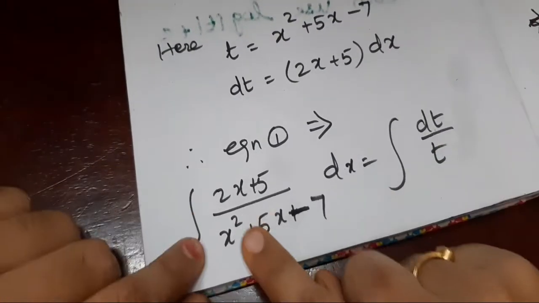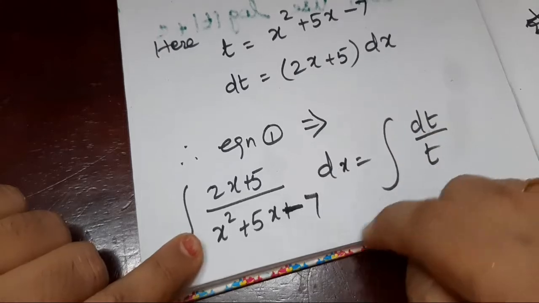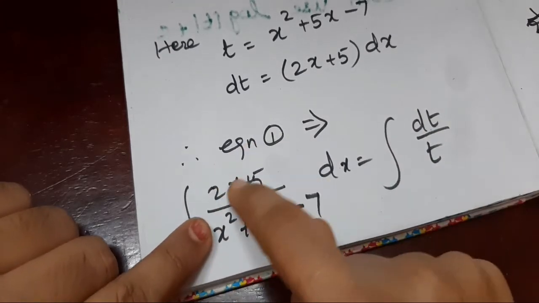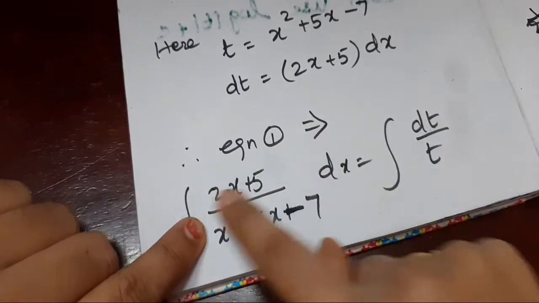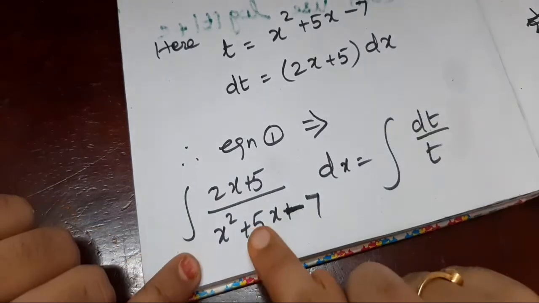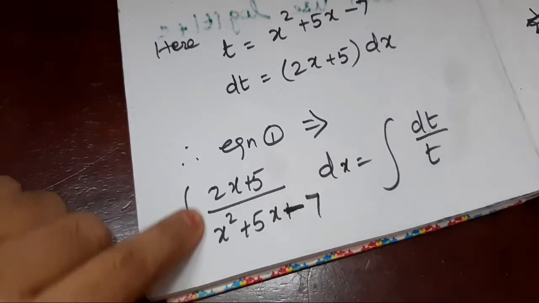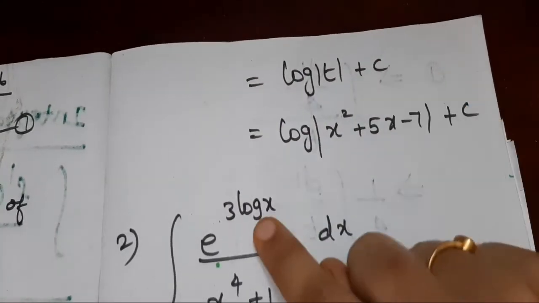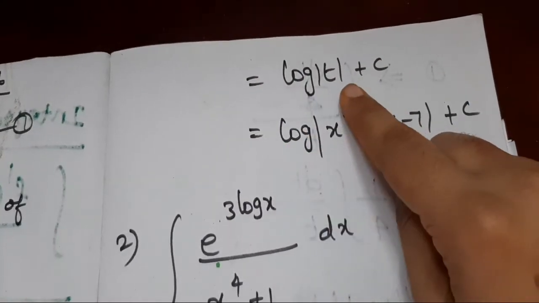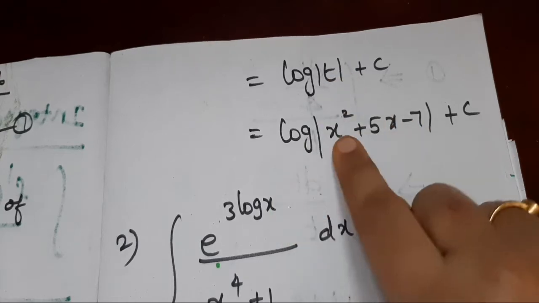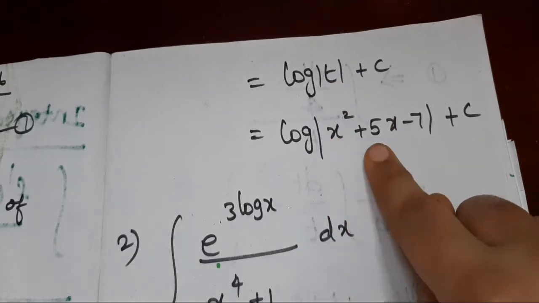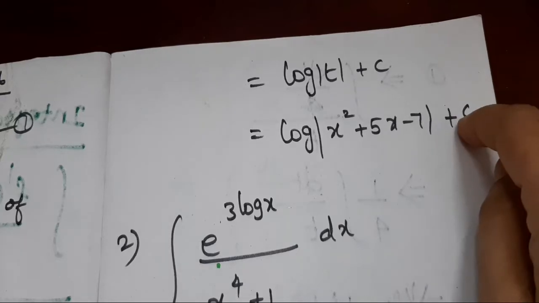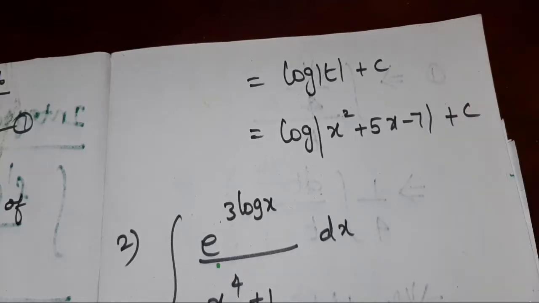So equation 1 can be written as integral of, instead of 2x plus 5 dx, I can write dt, and the denominator I can write as t. So integration of dt by t is log t plus c. After integrating, we replace t by x square plus 5x minus 7, plus c.